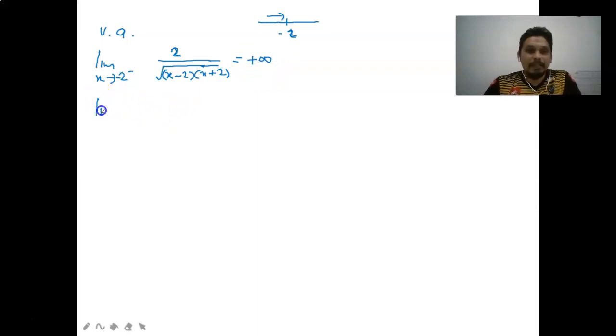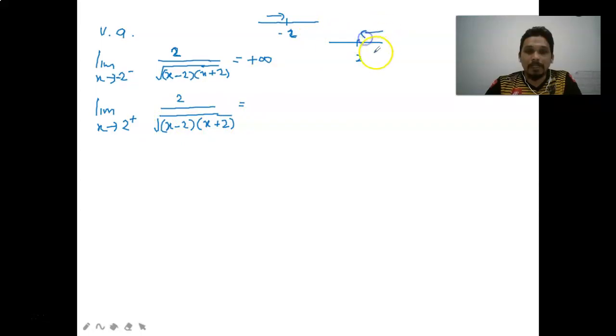And then the limit as x approaches 2 from the right of 2 divided by the square root of (x minus 2)(x plus 2). So from 4, 3, 2.5, 2.1, 2.01 and so on.